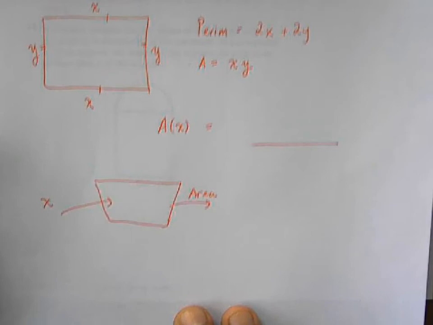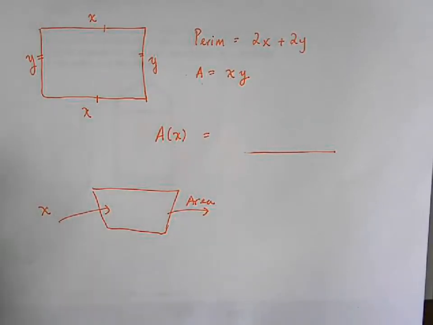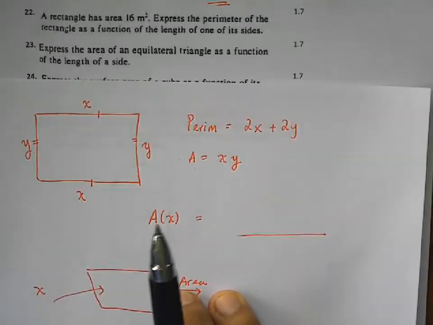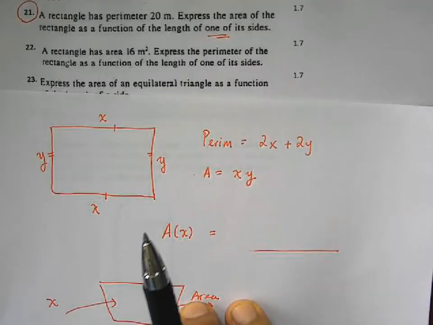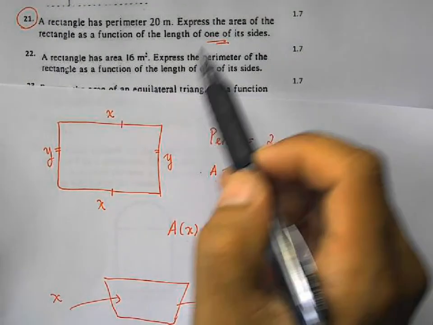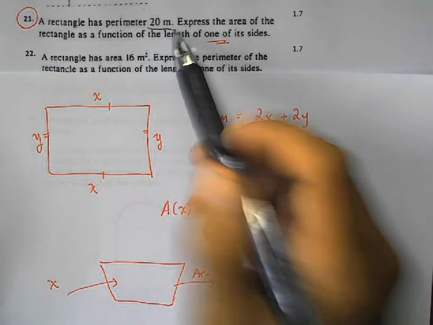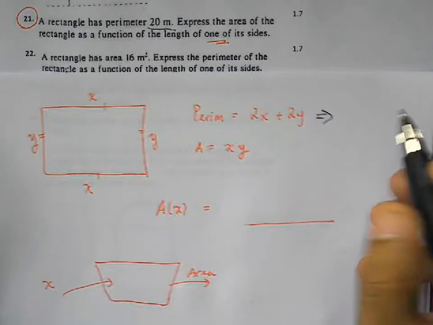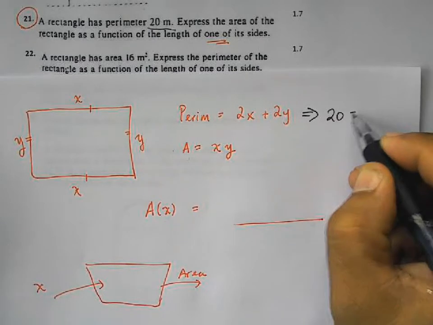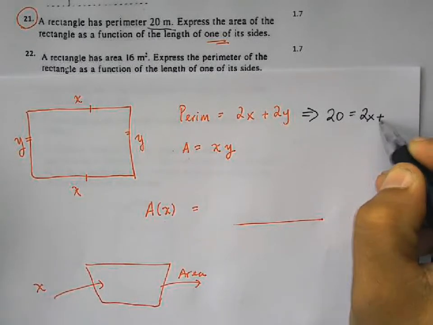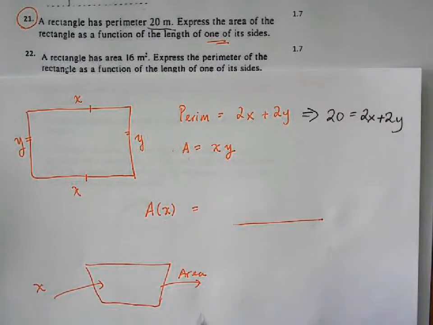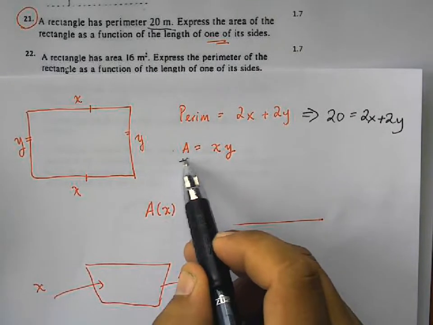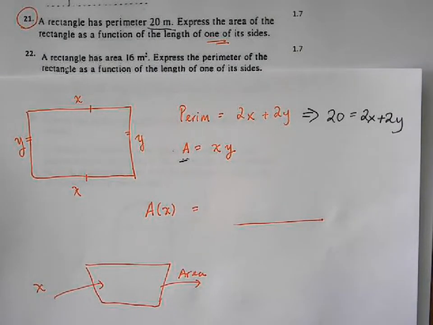So let's go back to this part here, the perimeter. The number 21 here says the perimeter is 20 meters. So in other words, we can take this equation and replace it with 20 equals 2x plus 2y. And then the second equation here is A is equal to x times y.